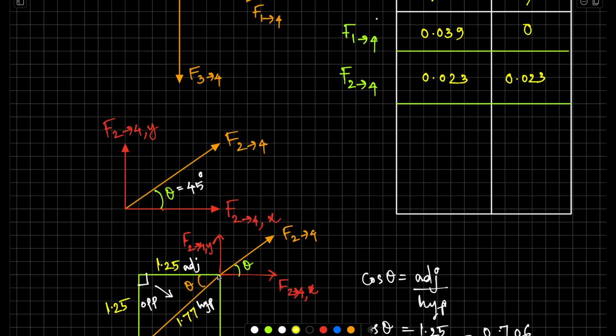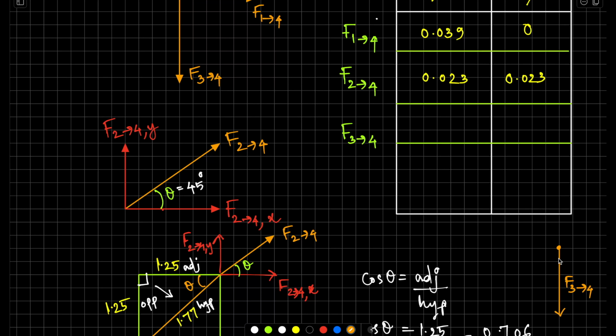Now the last vector. The last vector is F34, the force of Q3 on Q4. F34 is this vector, which is on the negative y-axis.